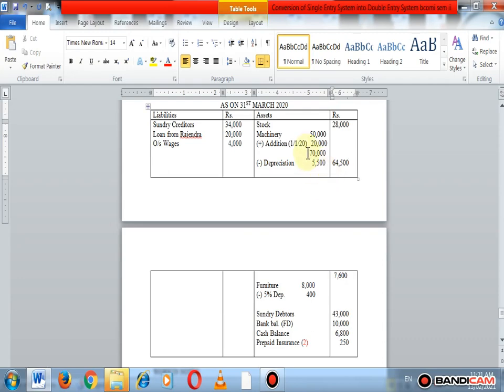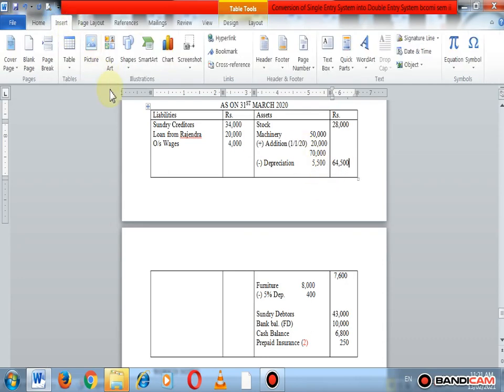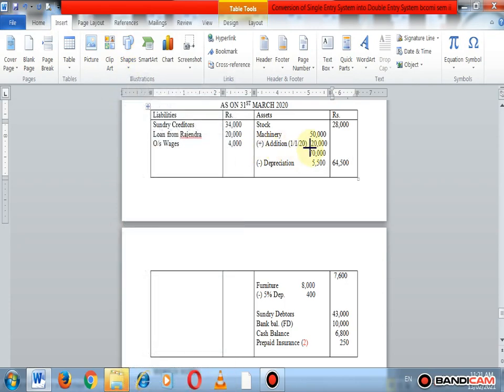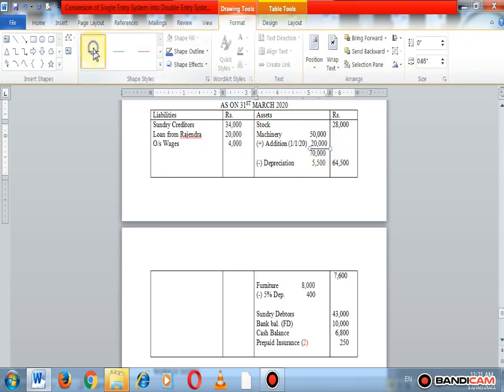Okay, so here depreciation is deducted from machinery is first effect, and second effect is on the debit side of profit and loss account. Got it? Yes sir, got it.